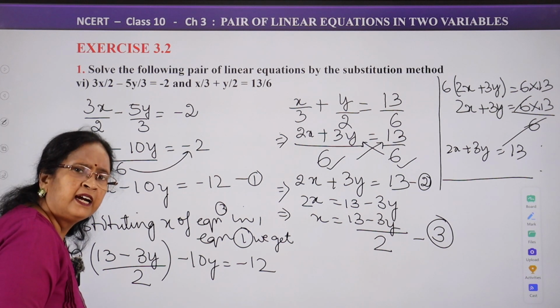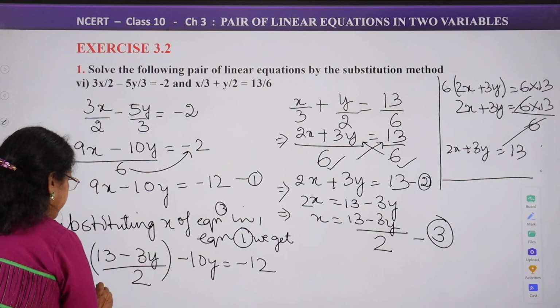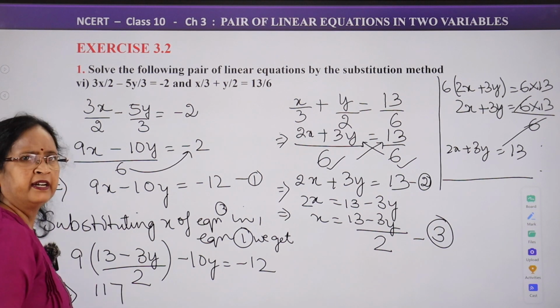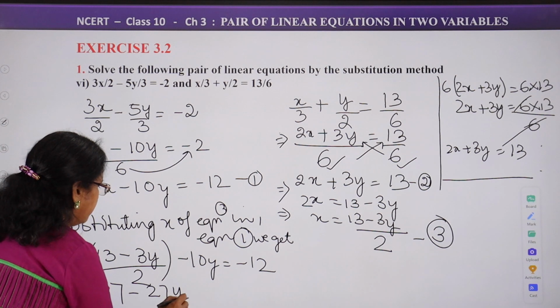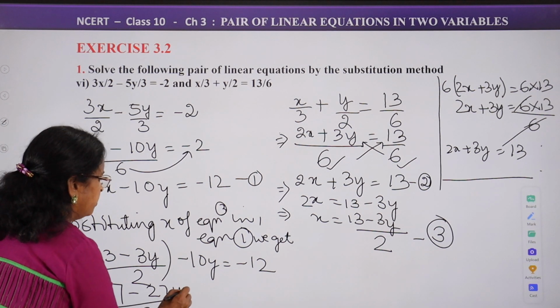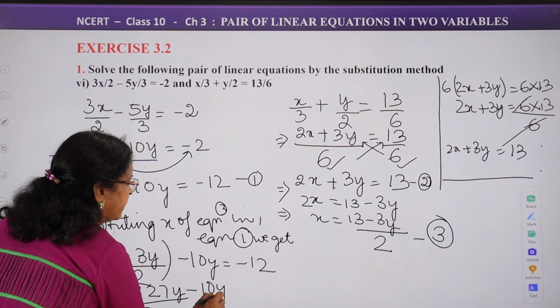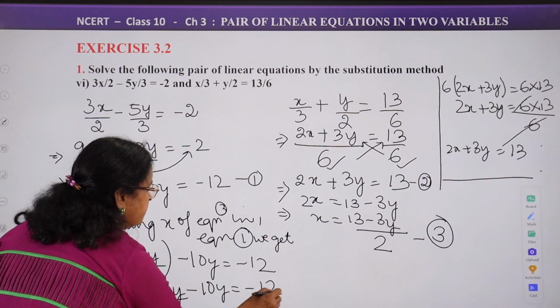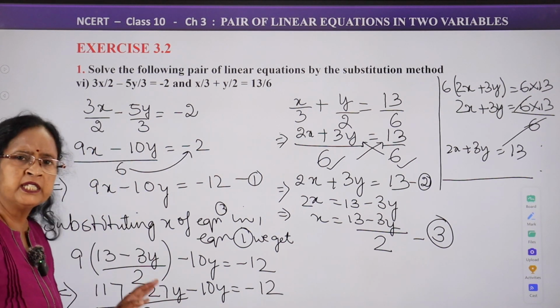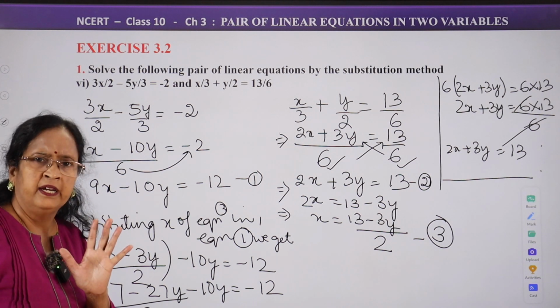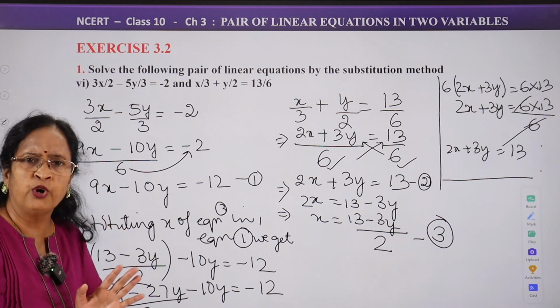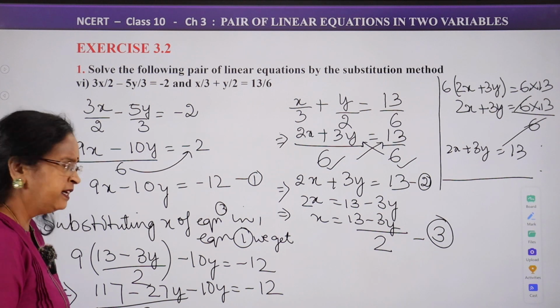13 nines are 117 minus 27y whole by 2 minus 10y is equal to minus 12. Now, this equation has one single variable y. So, we can find the value of y. Alright? Okay.